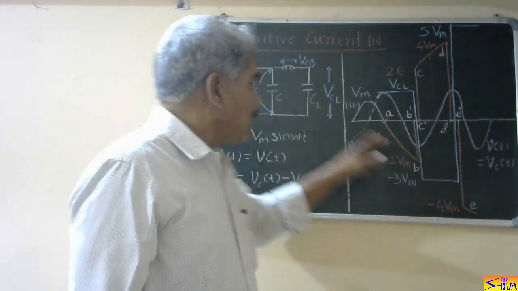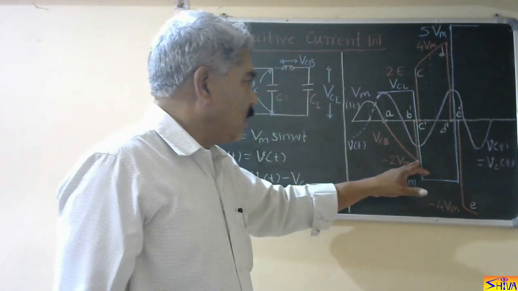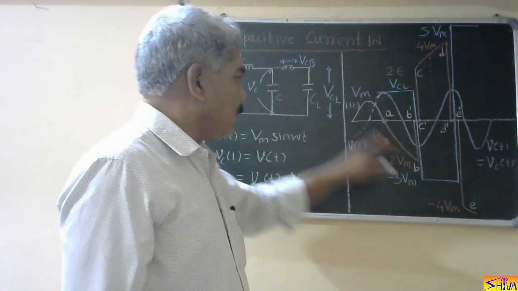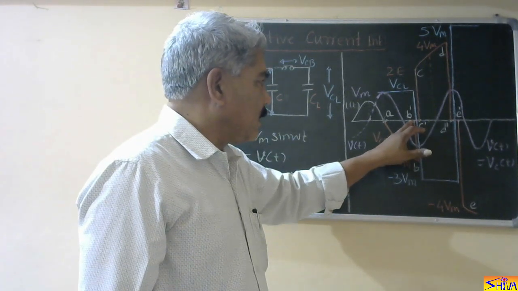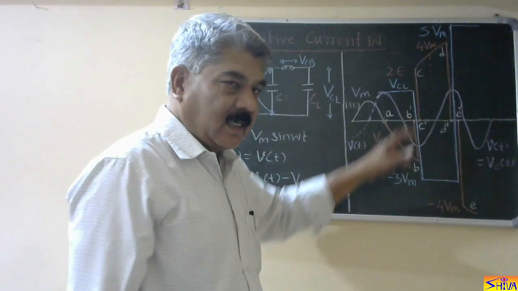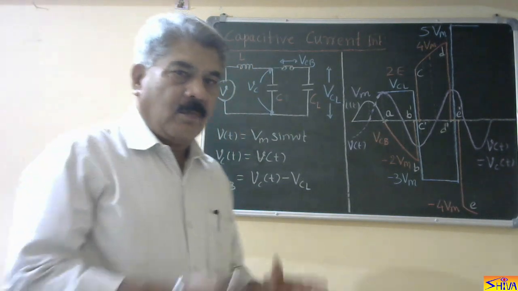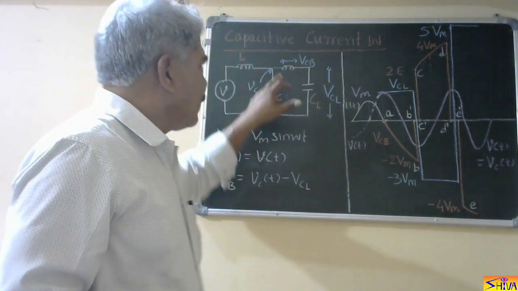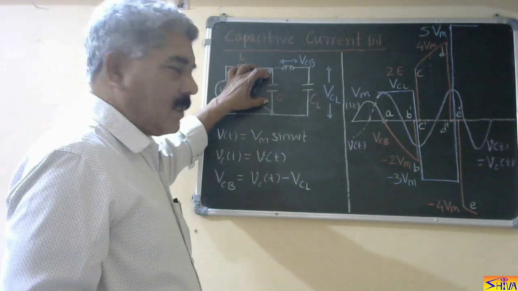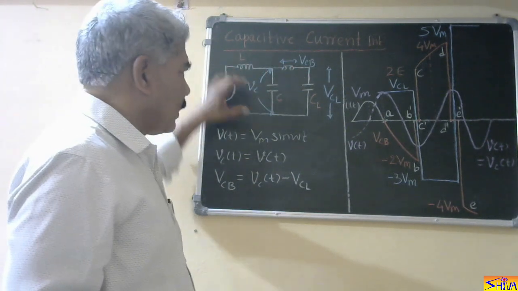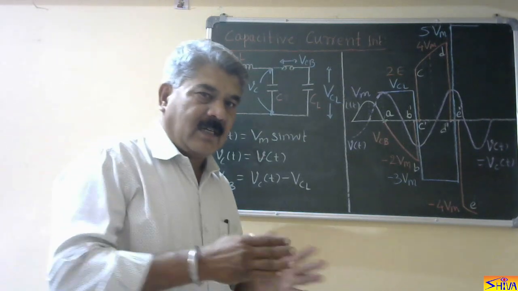So when the arc restrikes, current starts flowing. So this voltage, that is across the circuit breaker poles, will collapse. It is going to 0 at this instant B dash. B dash is almost a straight line, so it will collapse. Now when this voltage collapses, current starts flowing. This load capacitor gets connected to the source. Now this is a transient phenomenon.